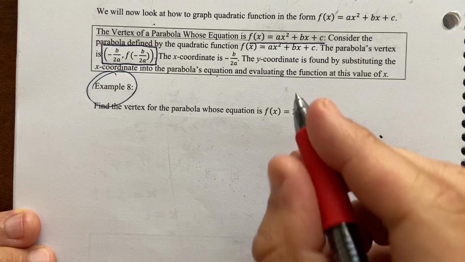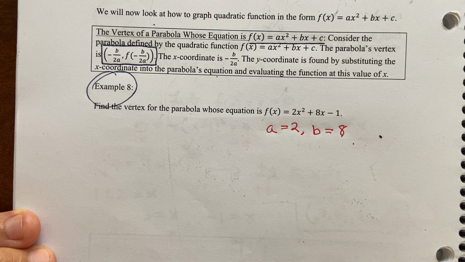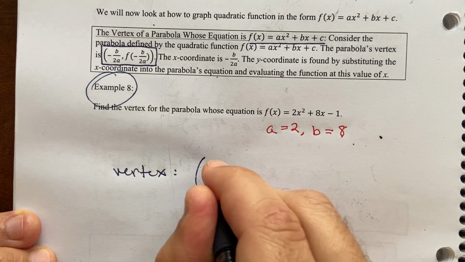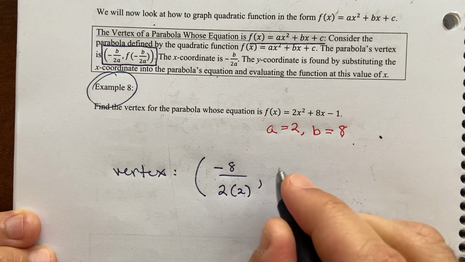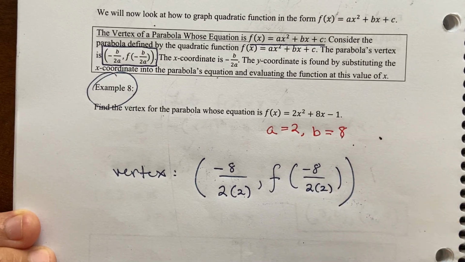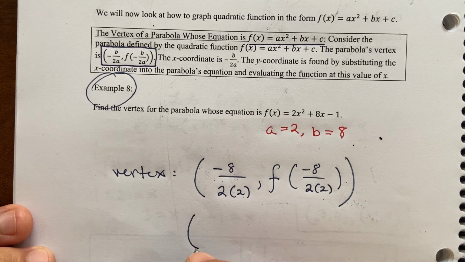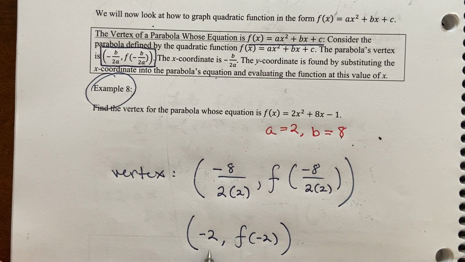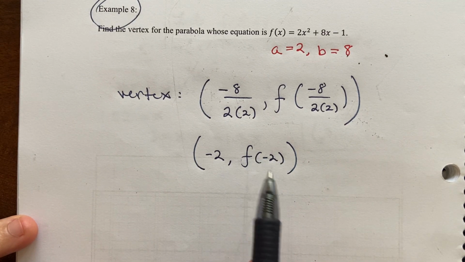For the one that I am looking at here, we have a equals 2 and b equals 8. So the vertex of this would be at opposite of b, the opposite of 8, over 2 times 2, and then f of that. So now I need to simplify this. Negative 8 over 4 is negative 2. So I know that the x component of the vertex is negative 2, but I still need to figure out the y component, what f of negative 2 is.